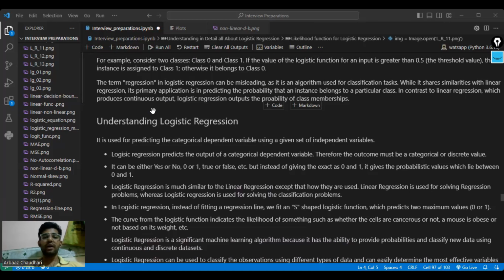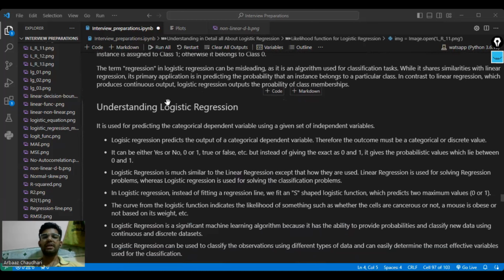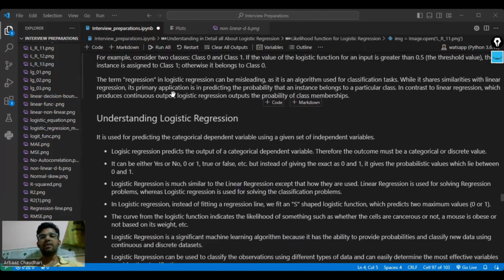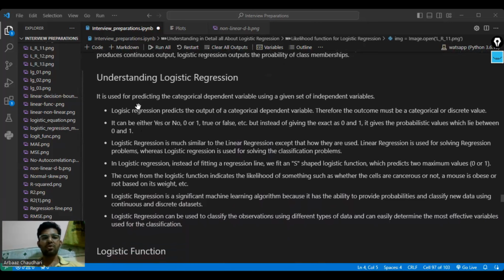So the problem statements we are working on are totally different. In linear regression we were predicting the salary of a student, and in logistic regression we are classifying the set of independent variables into class 0 and class 1. So let's move on to the next.